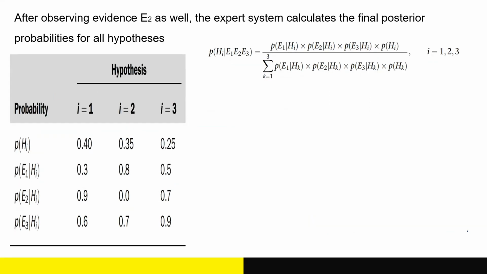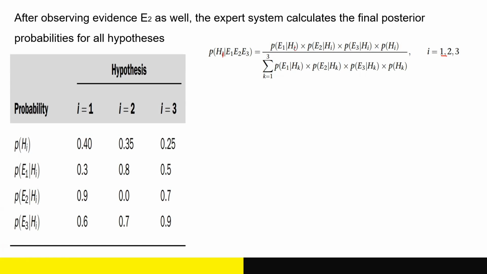So after observing evidence 2 as well, the expert system calculates the final posterior probabilities for all hypotheses by using this equation, and our i is equal to 1, 2, 3. We will compute hypothesis i given evidence 1, 2, and 3. So our i now is 1.